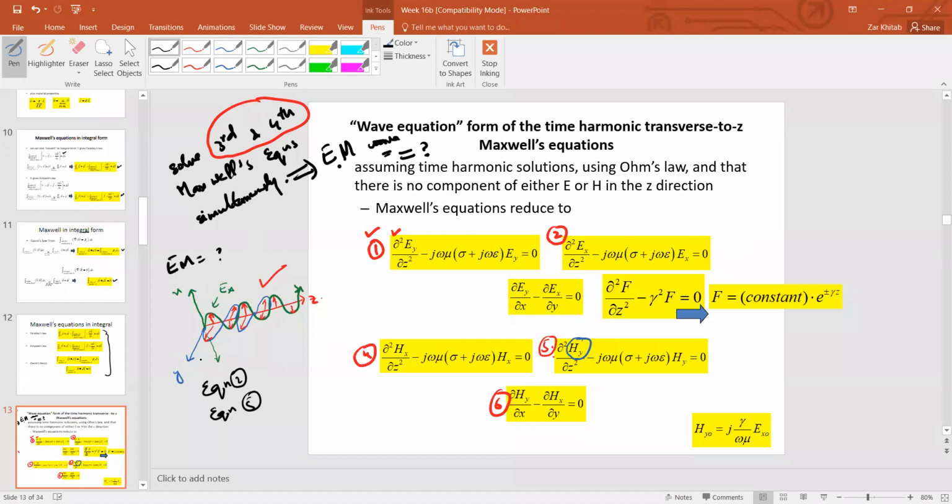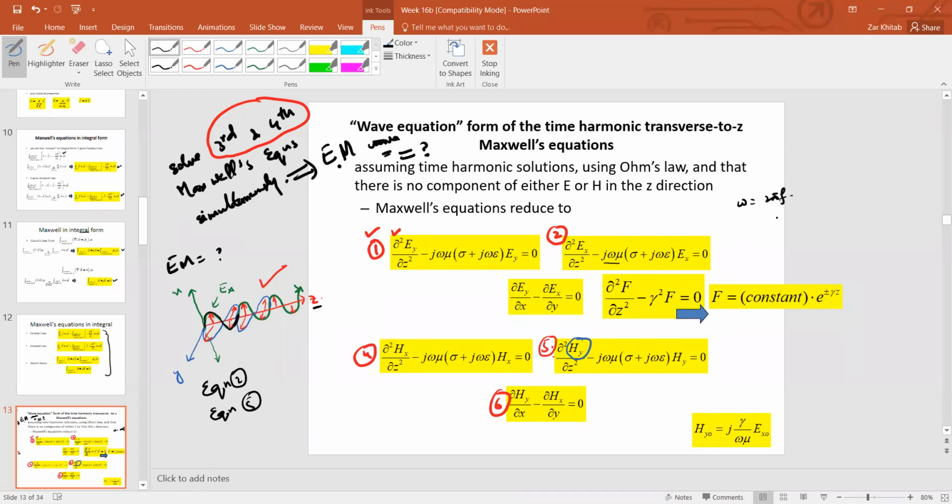Okay, and the wave is moving in the z direction. So this Ex, second derivative of Ex with respect to z minus j omega mu, omega is the frequency of the wave, 2 pi f, this frequency.